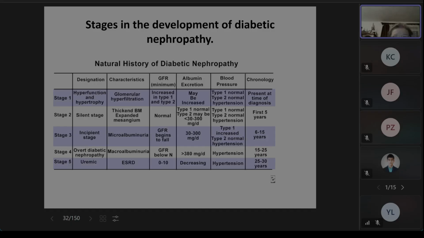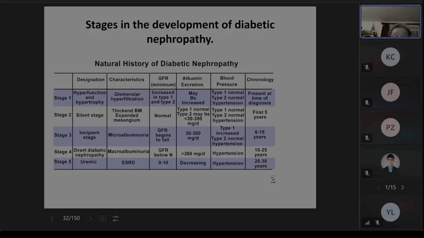We can also observe the daily excretion of albumin between 30 up to 300 milligrams per day. In type 1 diabetes, we usually observe no hypertension yet, but a little bit elevated values of blood pressure, whilst in type 2 we can see overt hypertension.